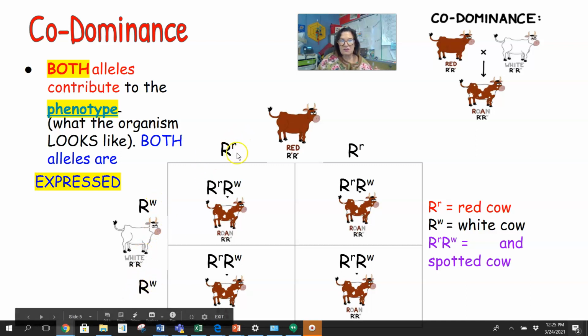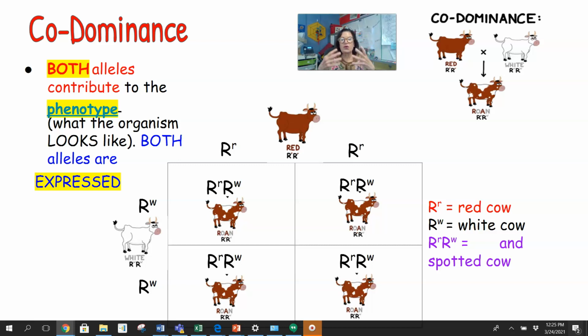So the small letters are telling us what the color is. So when we cross this, we're going to bring down this capital R, little r here, and then we're going to bring over this capital R, little w. So that's red and white. So if we see this cow, it has both red and white markings on it.